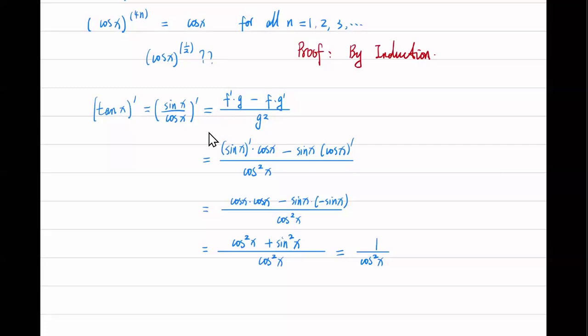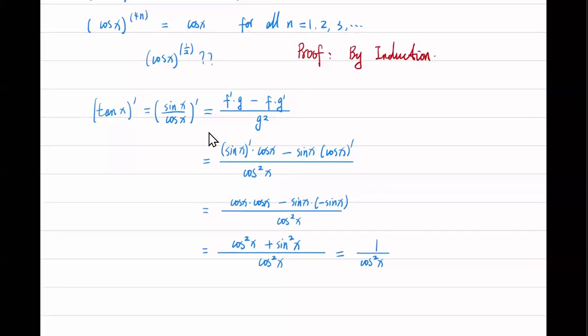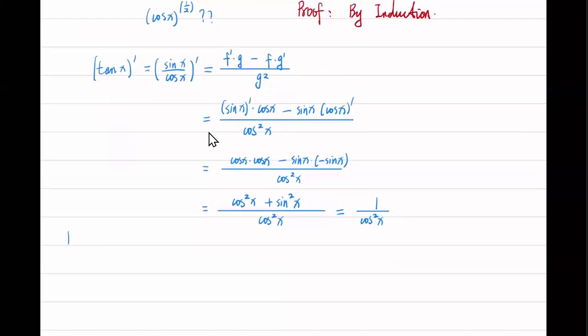Okay, this is good enough, but sometimes if we want something that's not a fraction, we use this recorded definition. We have defined another trig function as 1 over cosine x.